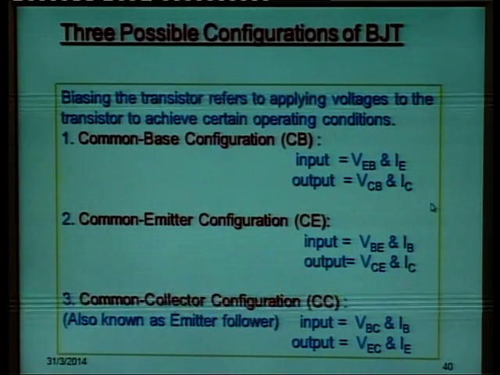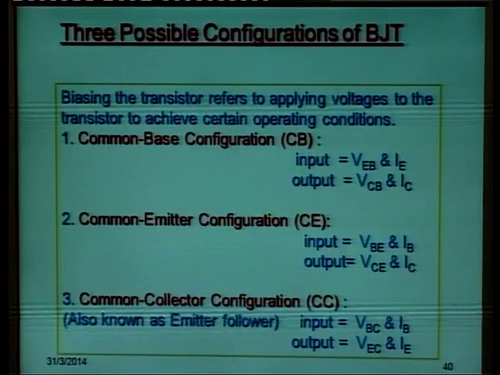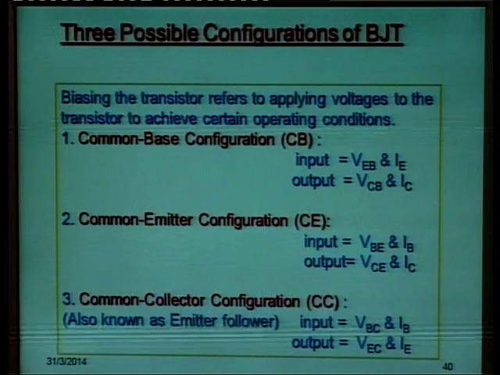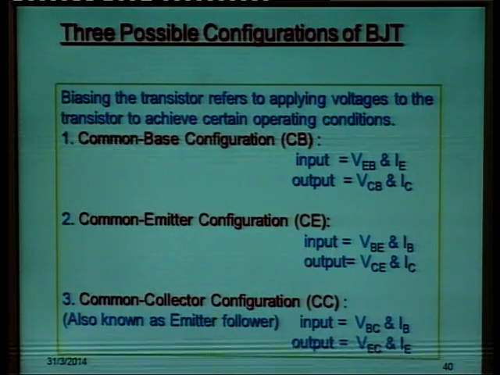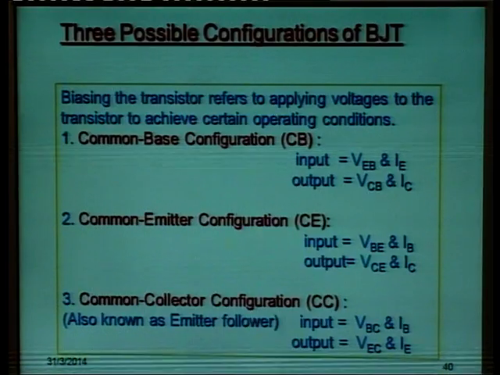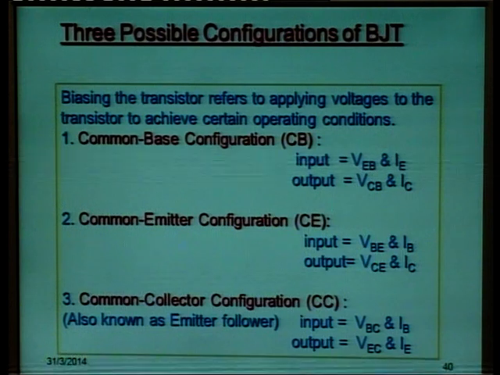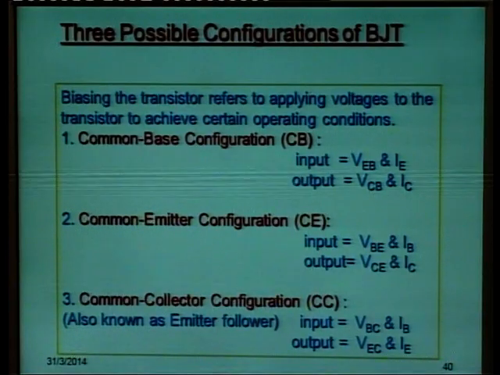There are three possible configurations of bipolar junction transistor. When we call biasing, we say emitter base junction is forward biased or collector base junction is reverse biased. Biasing means applying proper voltages to the transistor to achieve certain operating conditions.